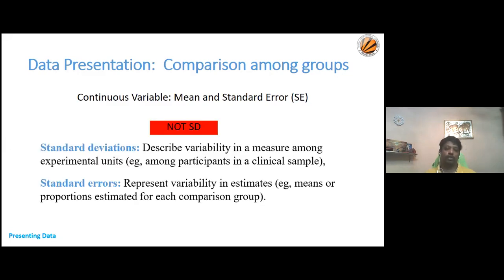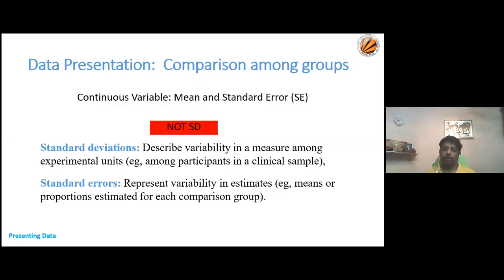Why? Because the standard deviation describes the variability in the measures among experimental units. For example, how an individual value deviates from your sample mean. So that is your standard deviation, the dispersion within the sample. Whereas the standard error represents variability in estimates.